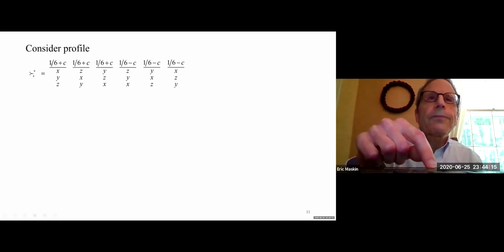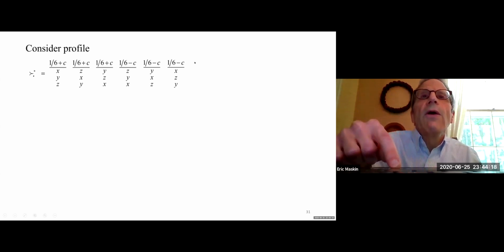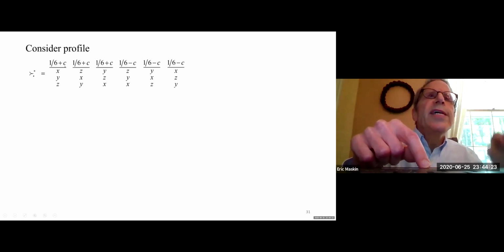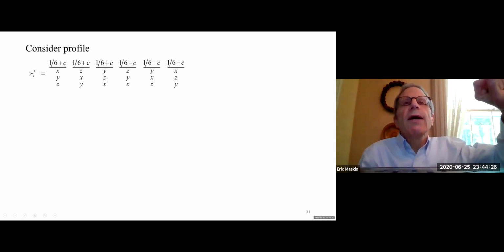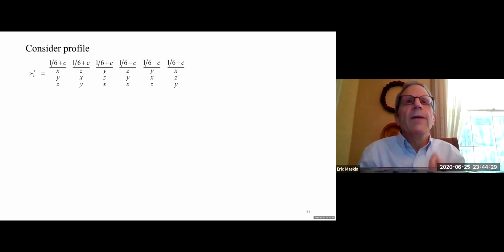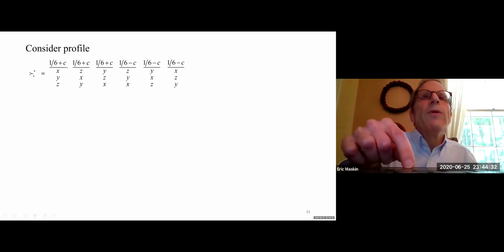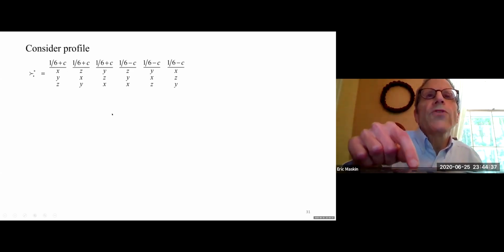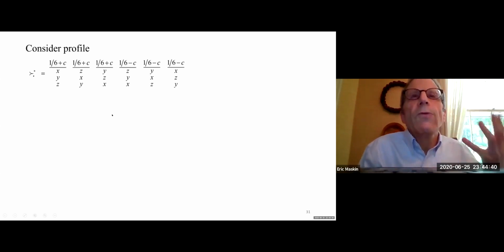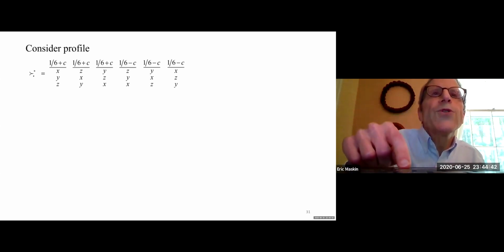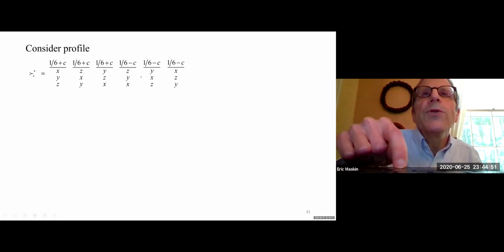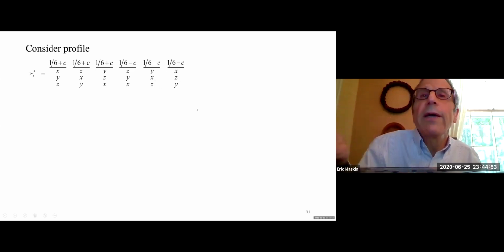Suppose that we look at this profile where C is a constant. We're going to vary C in a minute, but for the moment, C is a constant. What we've done here is to break up the six rankings into two Condorcet cycles. So these preferences here are one Condorcet cycle, and these three preferences over here are another Condorcet cycle.